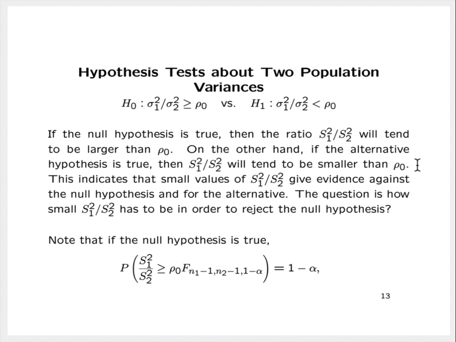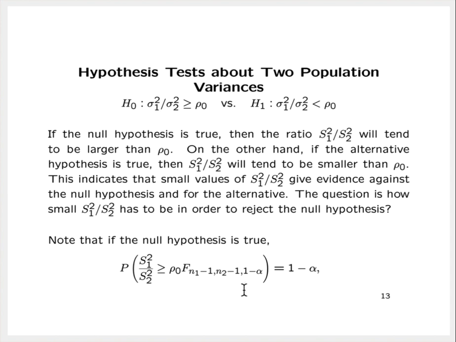And so, intuitively, small values of S1 squared over S2 squared give evidence against the null hypothesis and for the alternative. Again, the question is, how small does the ratio of the sample variances have to be in order to reject the null hypothesis? So again, we answer this using probabilistic considerations.